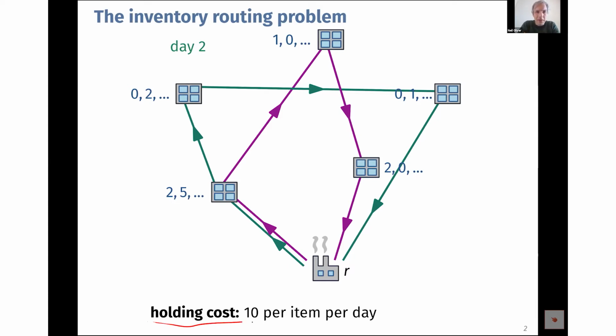So this, in sort of applied settings, is motivated by some kind of delivery system where the supplier is managing the inventory instead of the customer. So we can deliver early, but we have to pay for the warehouse space. Let's say it's a cost of 10 per item per day. And it could depend on the location. It could be more complicated, but let's just say it's 10 per item per day.